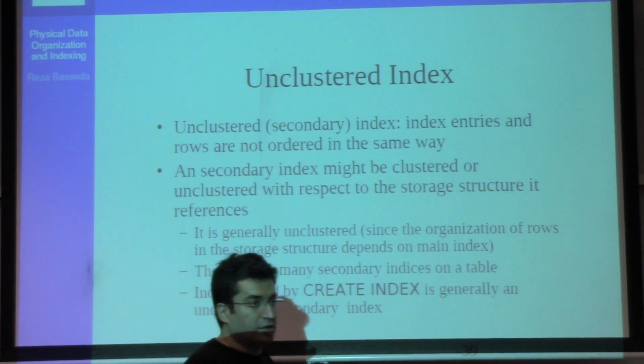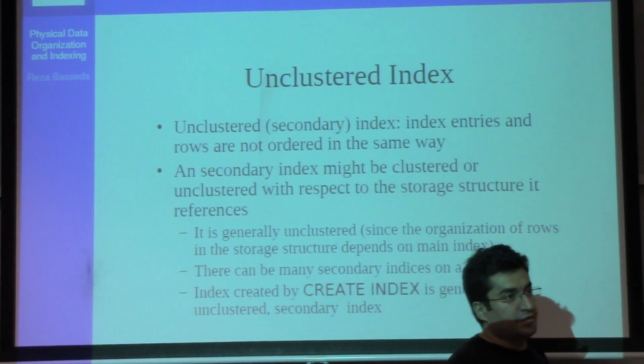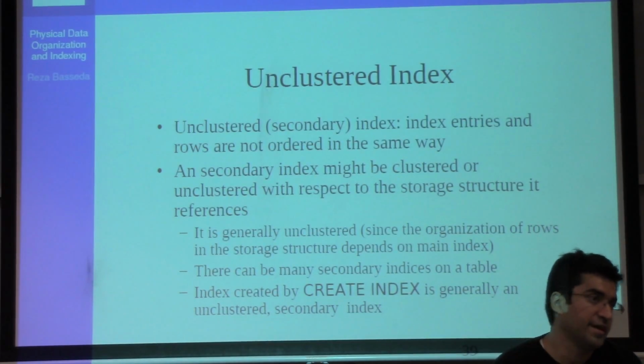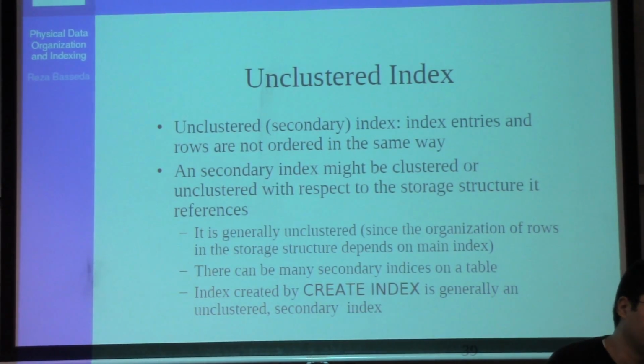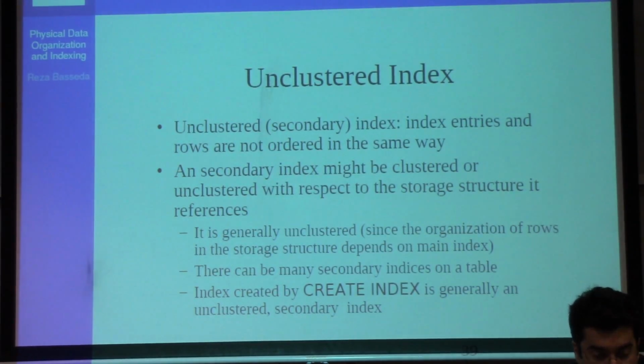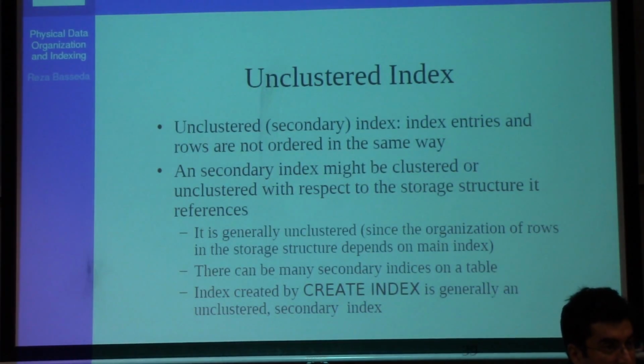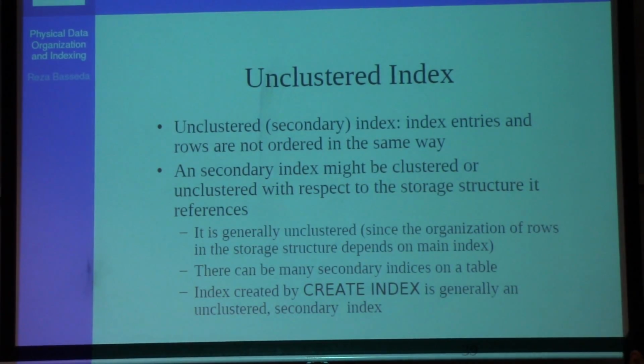If we have a secondary clustered index, we already sorted the information, or we have some additional table sorted based on the secondary index. For example, you have a table for the students, and another table for the students. The new table is sorted based on the last name, and you have a secondary index on the last name. Then this secondary index is clustered.